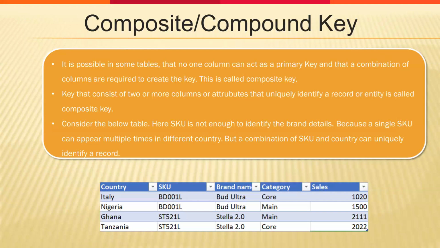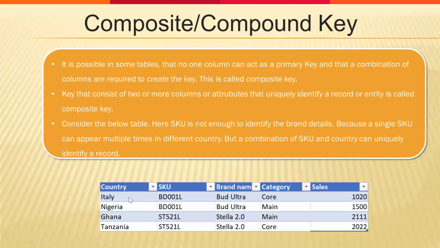Sometimes in a table, we don't have a unique column like roll number or email ID. Each column has duplicates, but by combining 2 to 3 columns, we get a unique row. That is called a compound key or composite key.